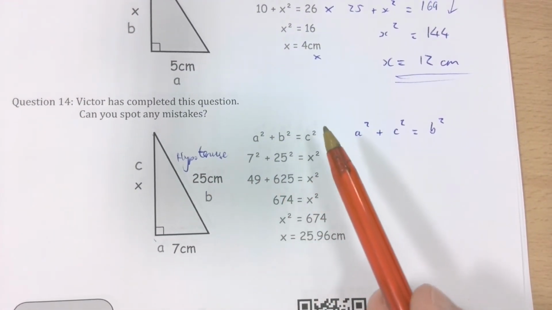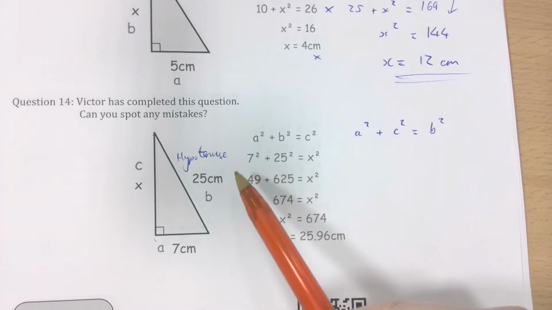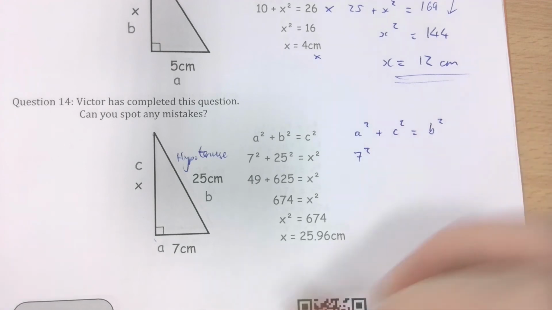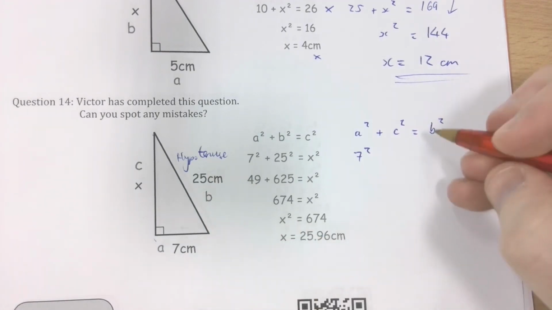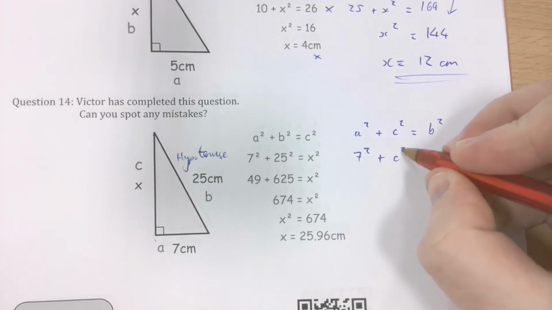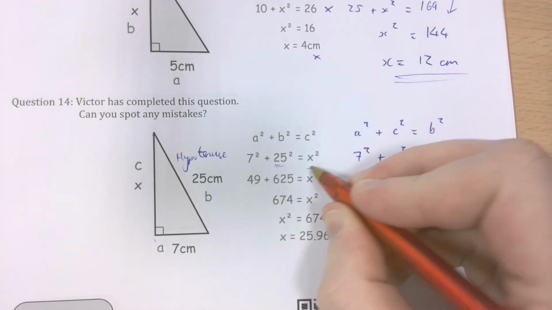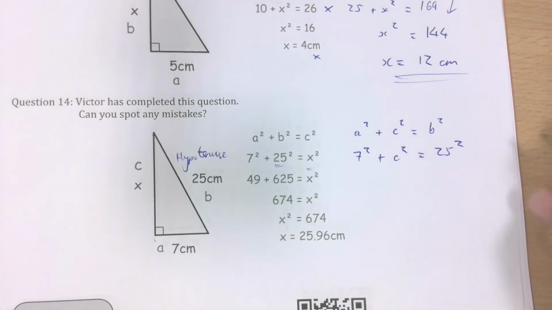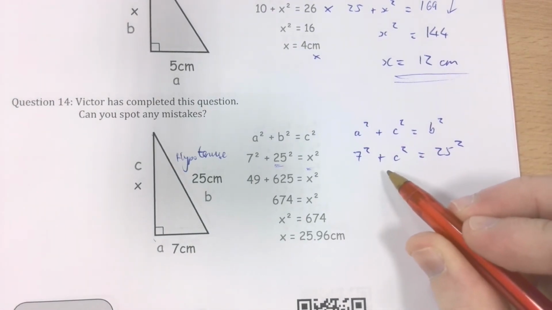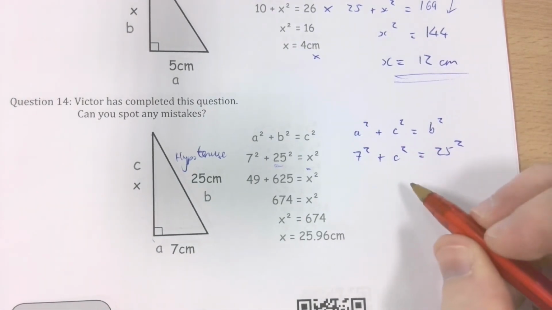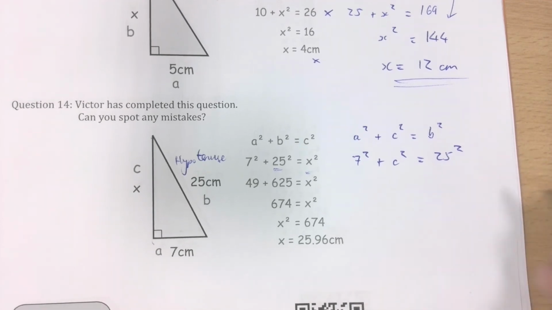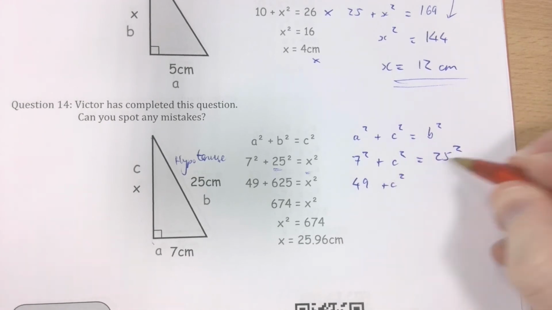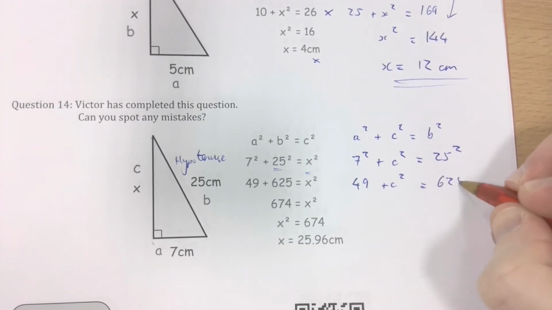Now, because of that, there's an error with this substitution. a is indeed 7, so it's 7 squared. But b is 25, so it's not substituted in here, but in here instead. Okay? And then the rest of it, now that we've made that correction, is expandable and rearrangeable. 7 squared is 49. 25 squared is 625.